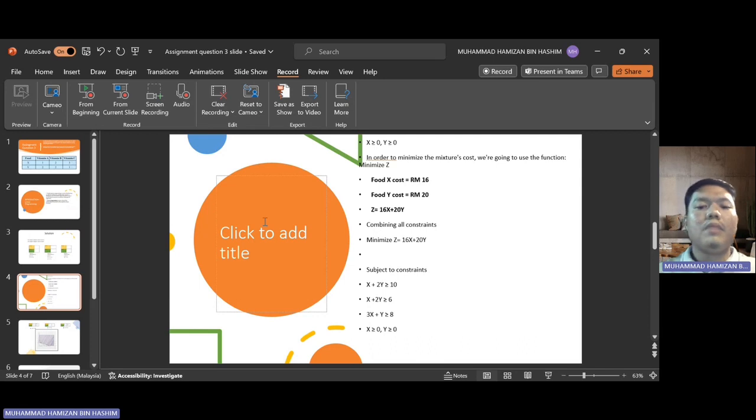Combining all constraints, we get minimize z equal to 16x plus 20y, subject to the constraints: x plus 2y at least 10, x plus y at least 6, and 3x plus y at least 8, and finally x at least 0 and y at least 0.